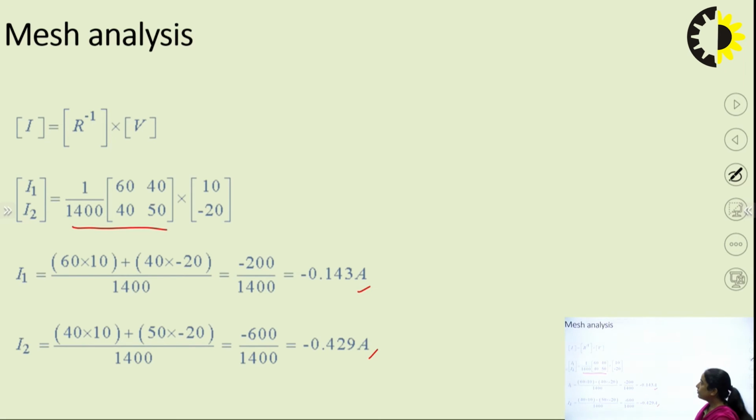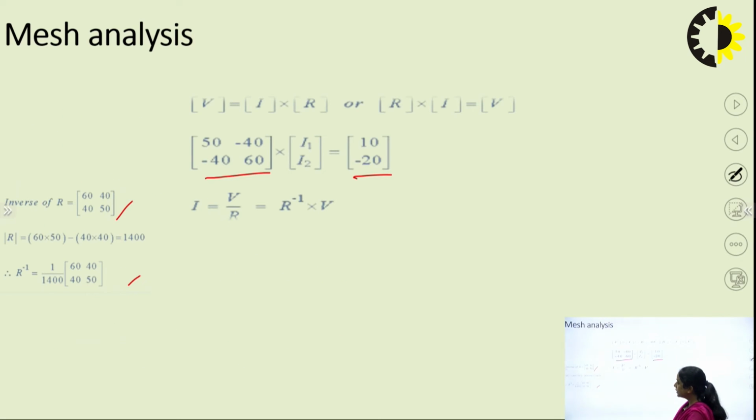According to Cramer's rule, the determinant of R will be calculated, and then if you need to calculate I1, you just replace the first column with these elements. That matrix's value divided by the total matrix determinant will give the current I1. Similarly, to calculate I2, you replace the second column with these values.